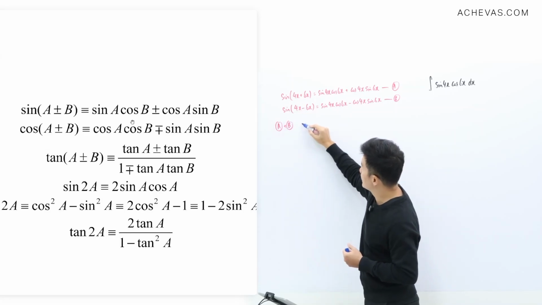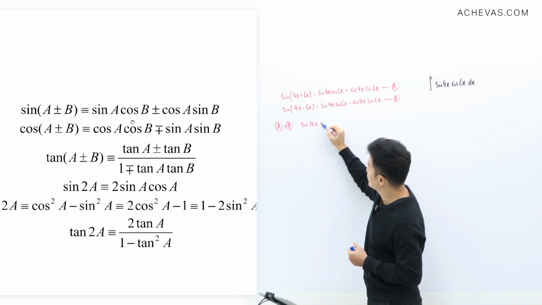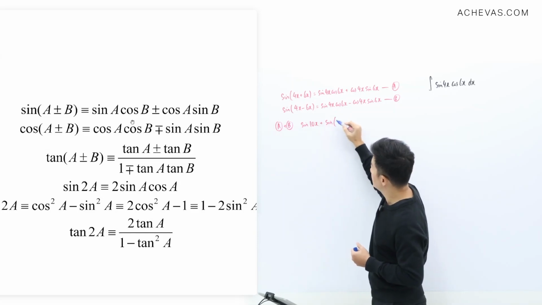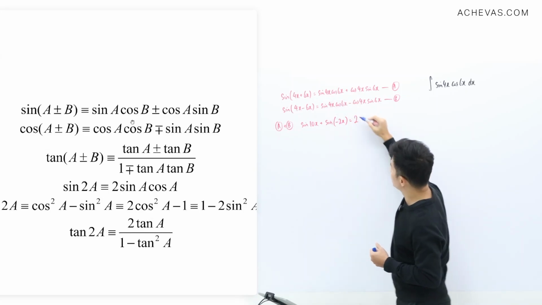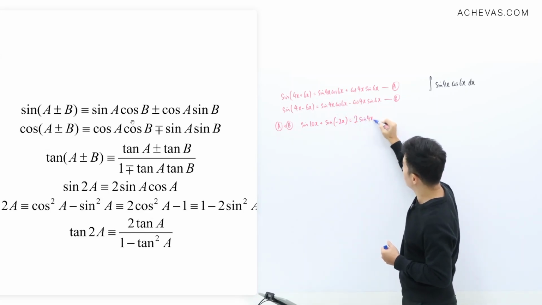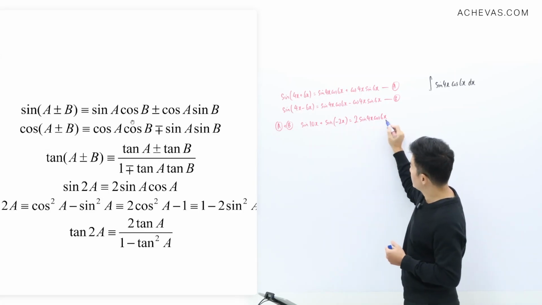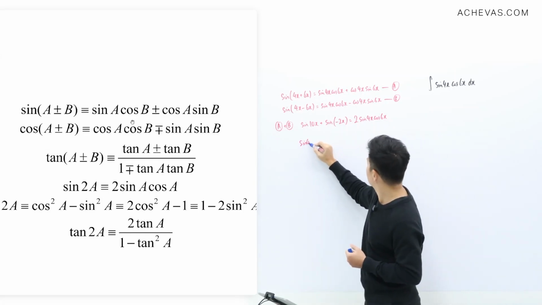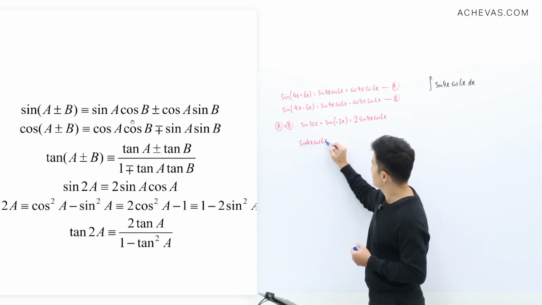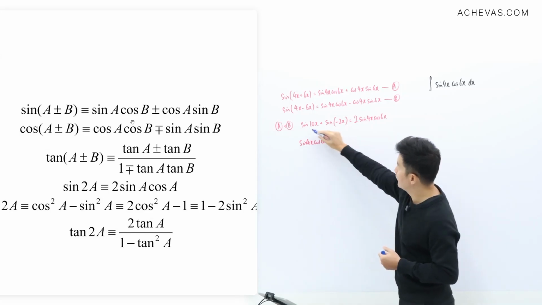On the left hand side, we will have a sine 10x. Then after that, it is going to be plus sine of minus 2x. And here we have a 2 times of sine 4x cosine 6x. This will disappear. Now making this the subject, sine 4x cosine 6x is going to be equal to half of this.